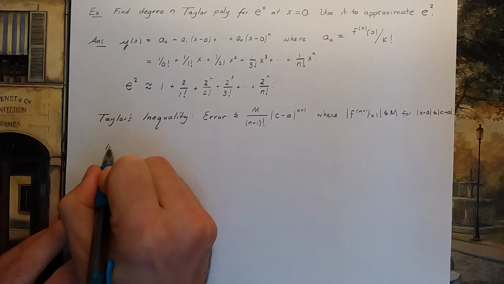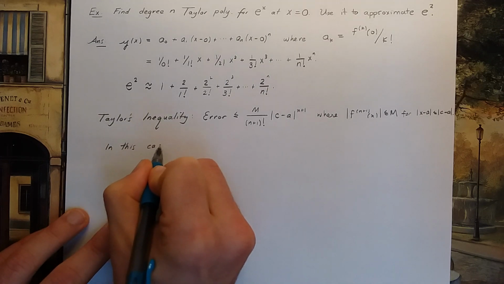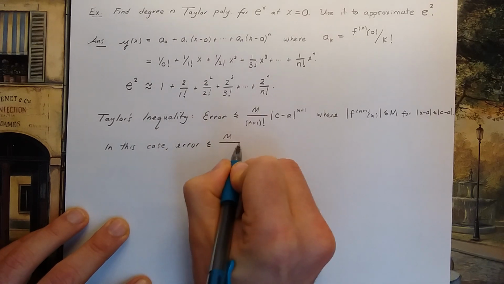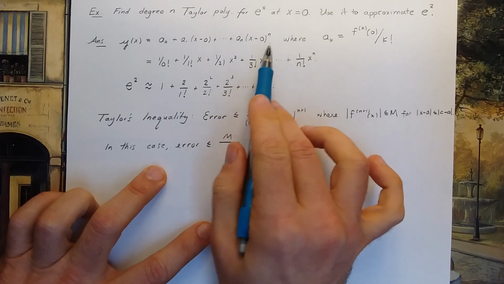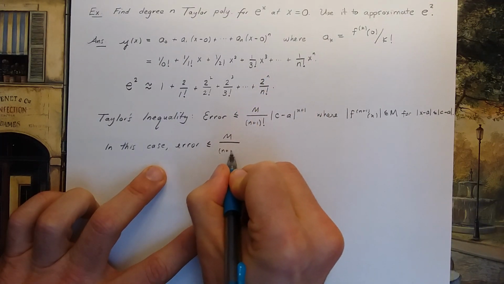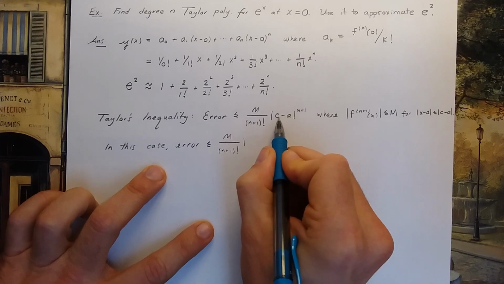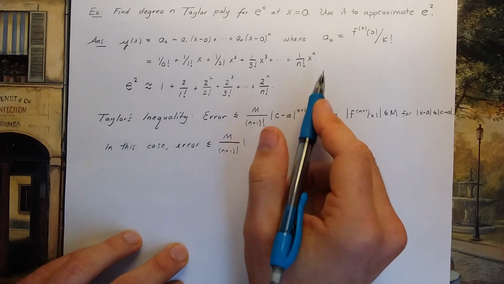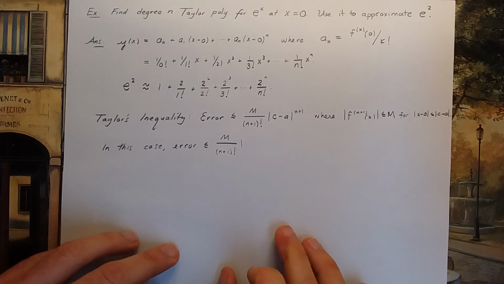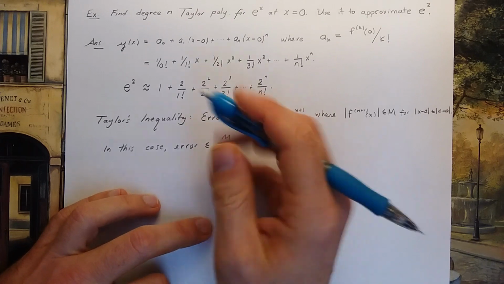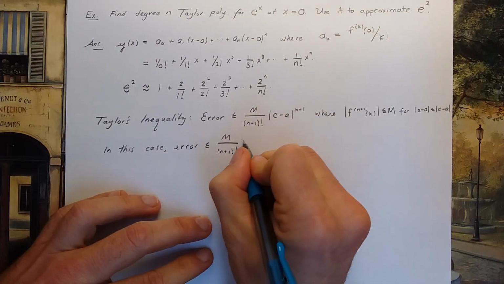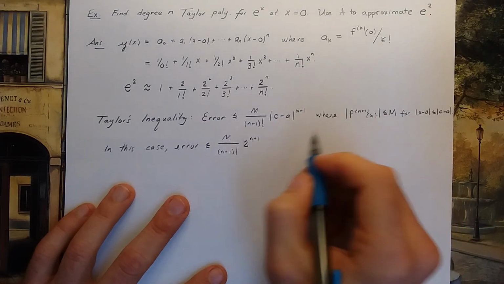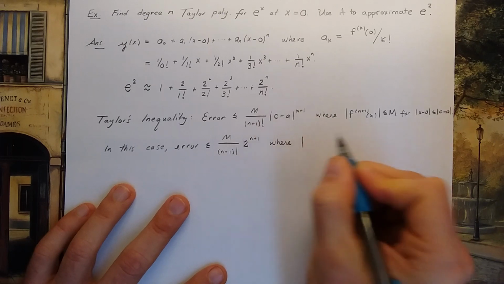So in this example, the error is less than or equal to M, and then n, in this case, is just n, so I'm going to leave that as n plus 1 factorial. x is equal to 2, and a is equal to 0, so this is going to be 2 to the n plus 1 power, where M satisfies some condition.